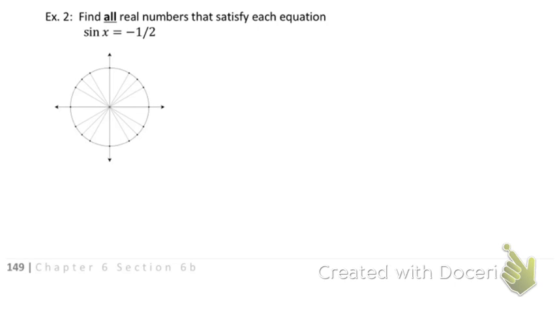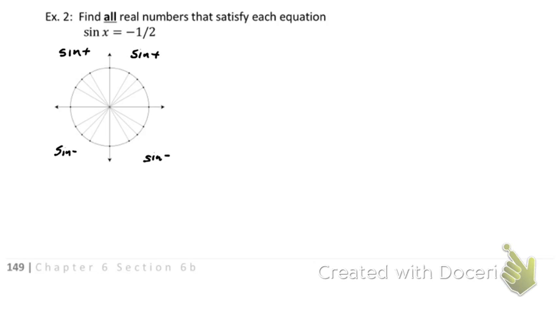Well, sine is negative in quadrant 3 and quadrant 4. It's positive in quadrant 1, and it's positive in quadrant 2. So really, we're looking for values that are in quadrant 3 and 4. Me personally, I first look in quadrant 1 so I know what is going to be on my denominator. So just for the sake of using reference angles, in the first quadrant, what angle is sine equal to 1/2?